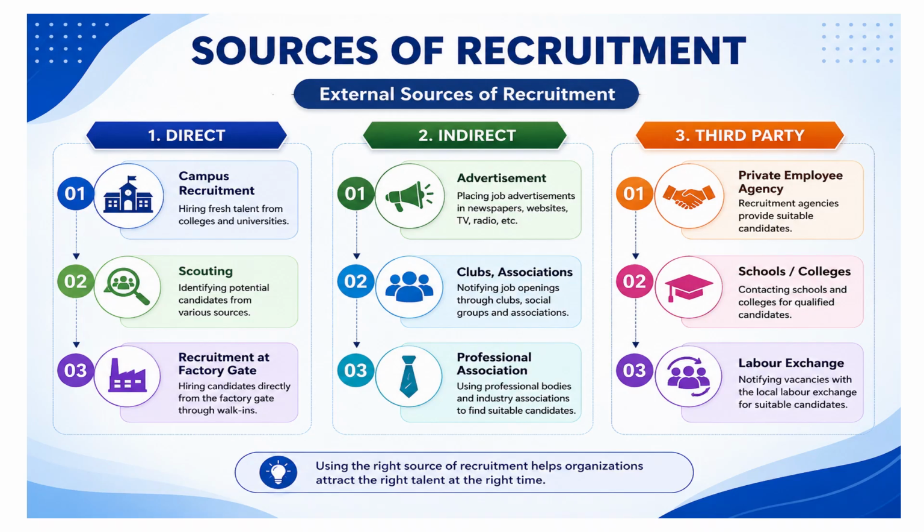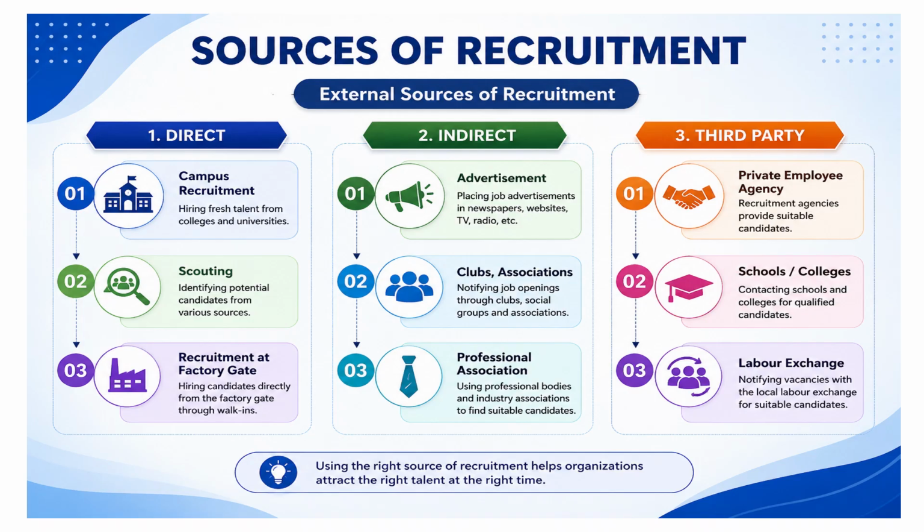Third sub point is labor exchange. Labor exchanges are government employment offices. Companies notify vacancies to these offices. Job seekers who have registered with the labor exchange receive information about job vacancies so that they can apply for that particular position.